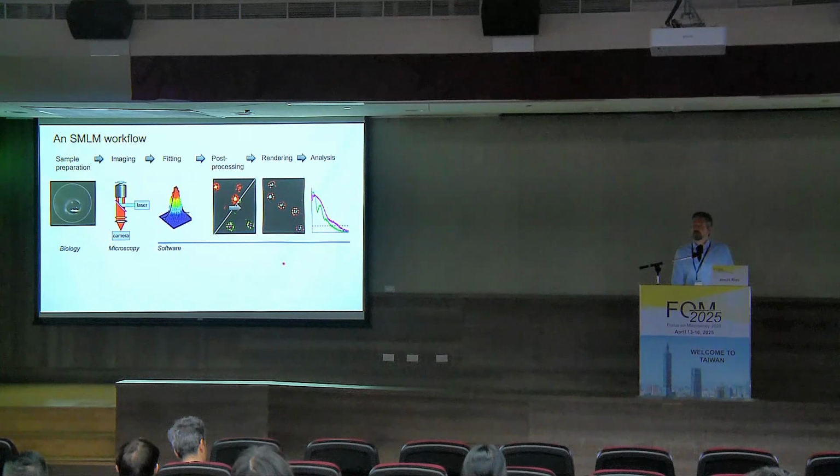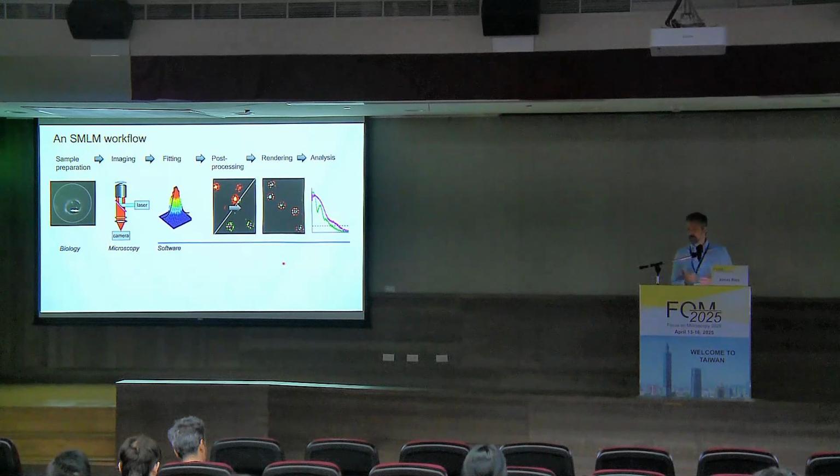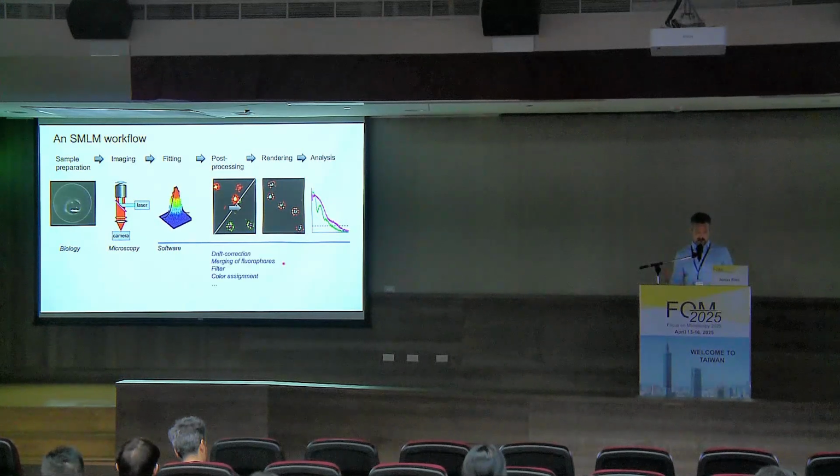So here you see an overview of a typical workflow for single molecule localization microscopy. We have to prepare the sample with the blinking fluorophores, then we do the imaging, we have to fit the positions of the single fluorophores, then typically we do post-processing to correct for residual drifts, to, for example, merge localizations that persist over several frames into a single localization, filter out bad localizations, and to assign a color.